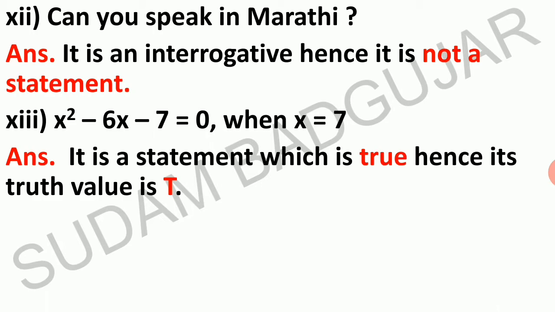But see here, x equal to 7, that is 7 square is 49 minus 6 into 7, that is 42, and minus 7, that is 49 minus 49, it becomes 0, that is equal to RHS. So its truth value is true and it is denoted by capital T.